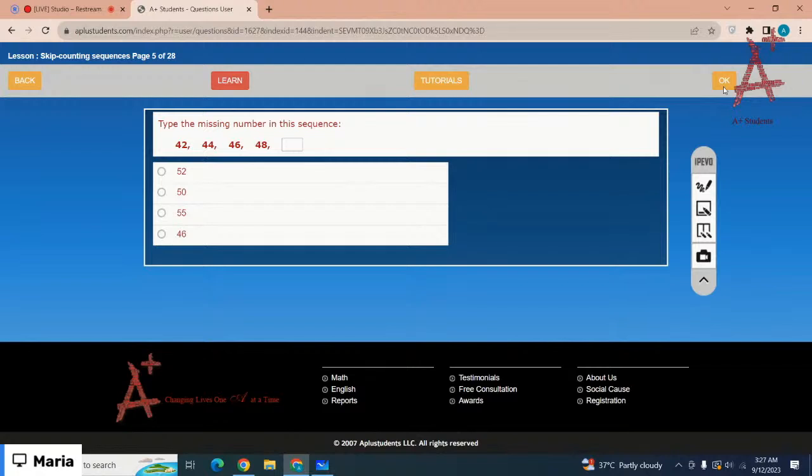So you have to add 2 to 48. So 48 plus 2 makes 50. That means the missing number is 50, right?